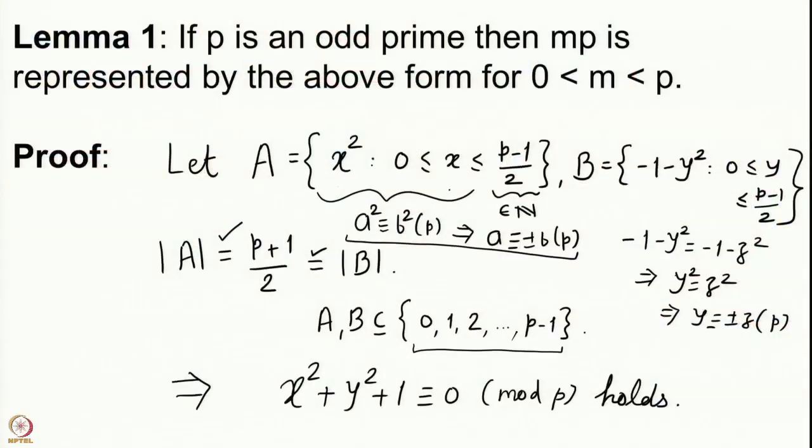We have produced one solution for this. So, x square plus y square plus 1 is a multiple of p, because x and y are integers in a certain range, and therefore this particular sum of 3 squares is now a multiple of p.